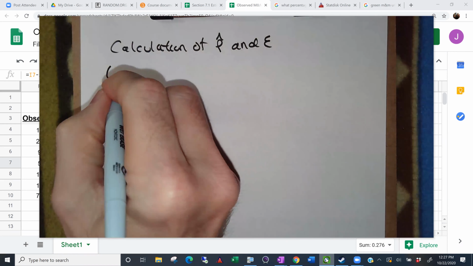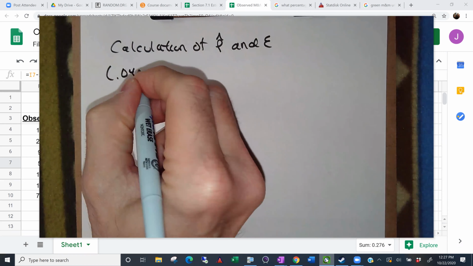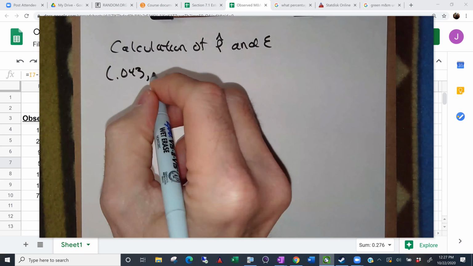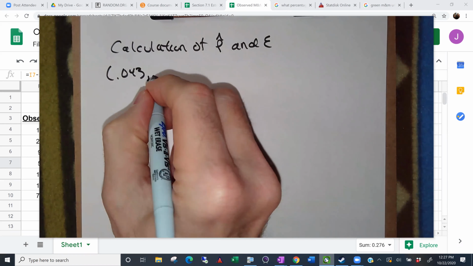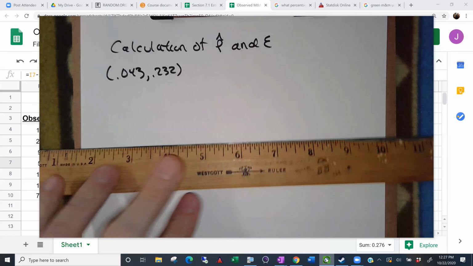Now, using my numbers from the previous page, they were 0.043 and 0.232. Those are the endpoints of my confidence interval. But I could ask for some things like, well, what's p hat? What's q hat? So let's figure that out.